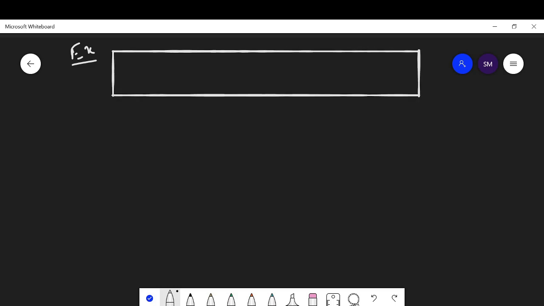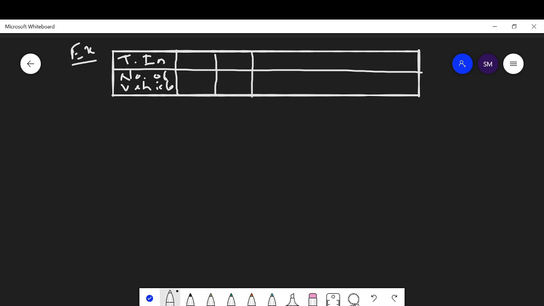This is the table. Then here, this shows the time interval and here the number of vehicles. Okay. Then during 8 to 9, then 9 to 10, then 10 to 11, then 11 to 12 noon, then 12 noon to 13, then 13 to 14, then 14 to 15.